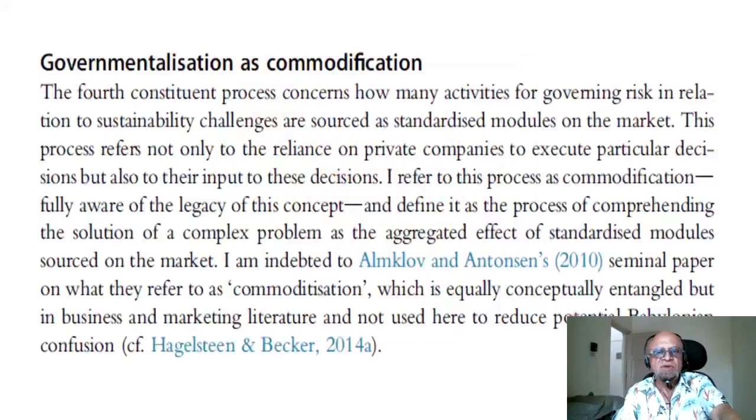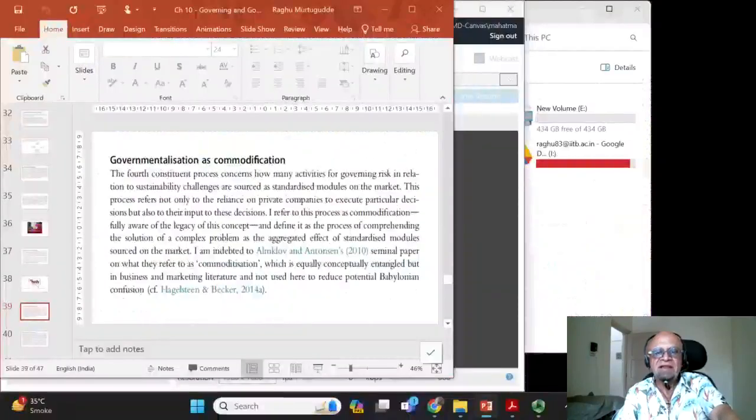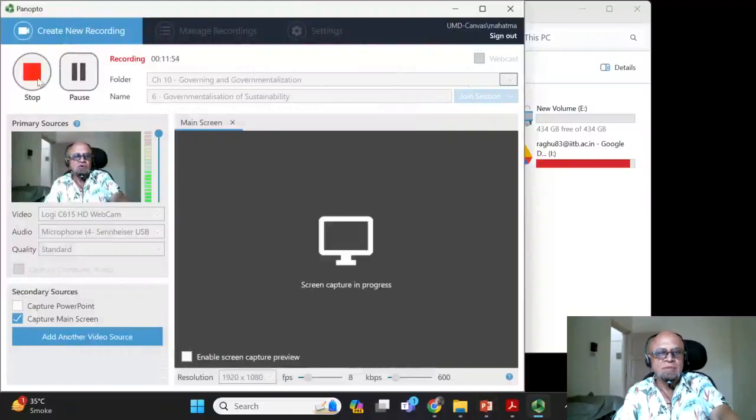So I'll definitely stop here and come back and discuss governmentalization as commodification. So we'll do that, but you get the idea. It's a bit theoretical but still very practical. So we'll come back and continue.